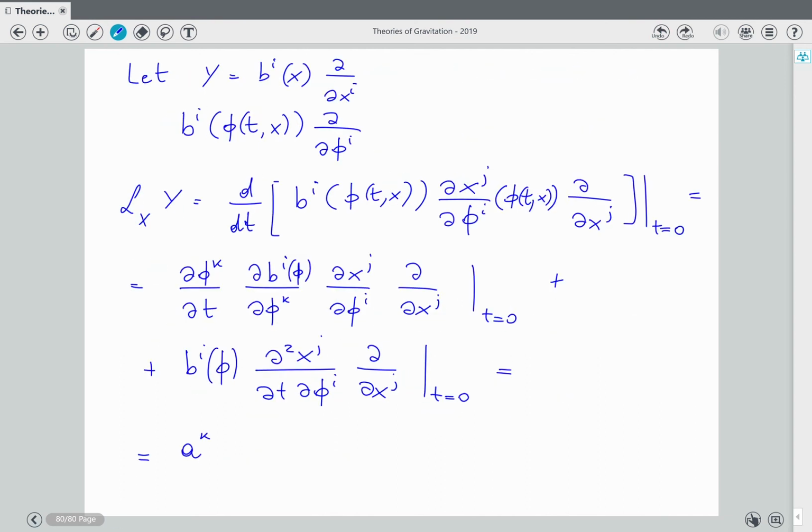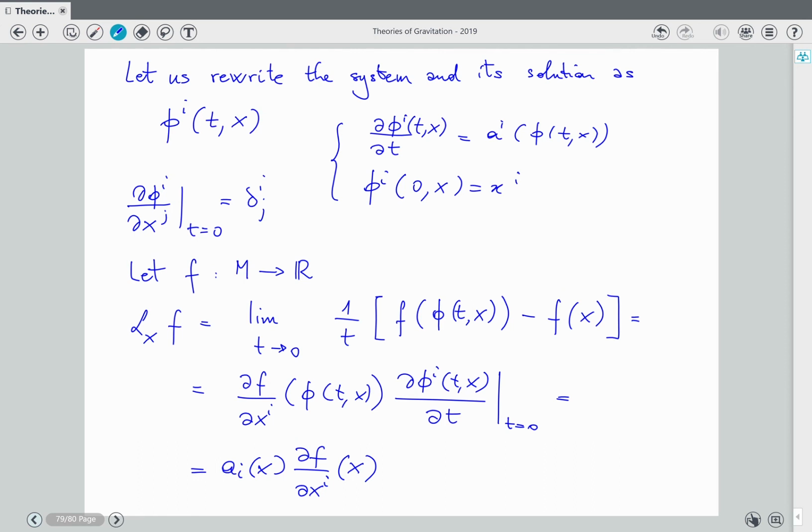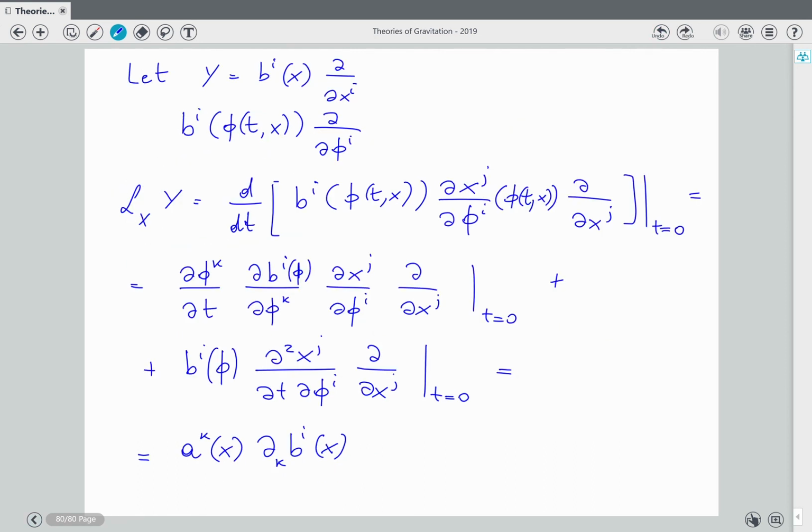So this derivative is just partial_k b_i of x, and this object we know becomes a delta function, so that's 1.